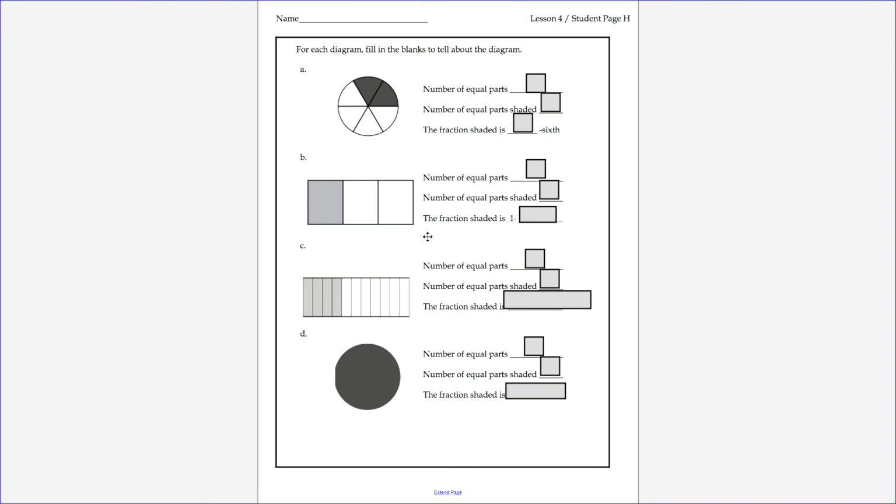How many equal-sized parts is this unit broken into? Yes, this unit is broken into 3 equal-sized parts. How many parts are shaded? In this figure, one.